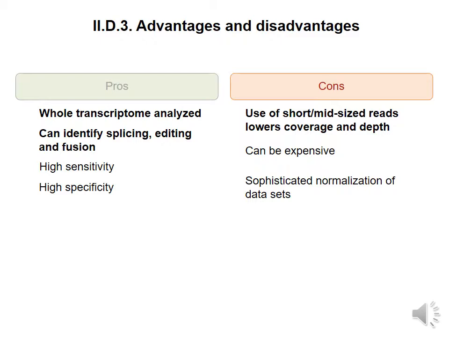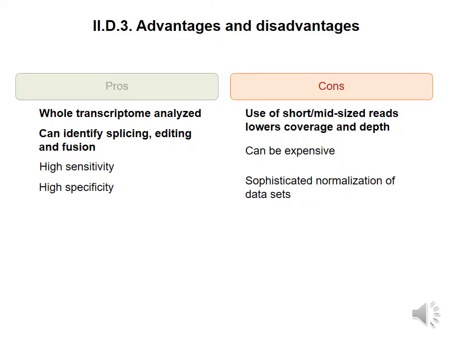It can also be expensive, and again, I think this is something that some universities are working on to make it more available to researchers and decrease the prices of this analysis. But it needs a sophisticated normalization of data sets, and there is a really large amount of data that needs to be aligned and analyzed, and you will probably need a biostatistician or a specialized person to analyze all this data.